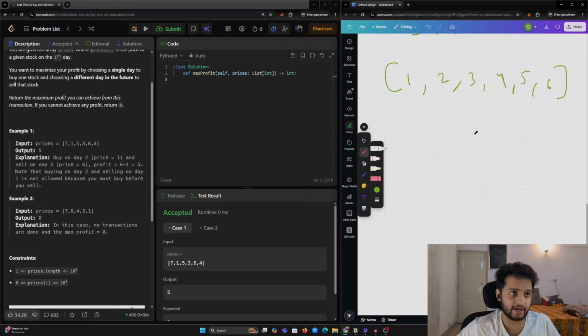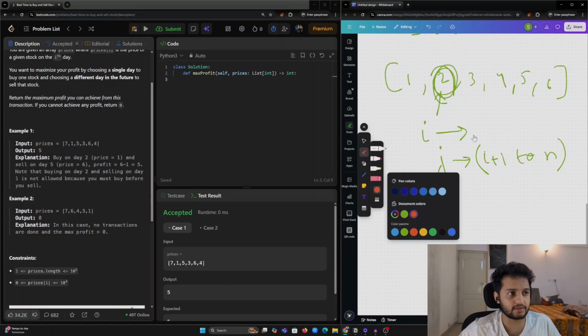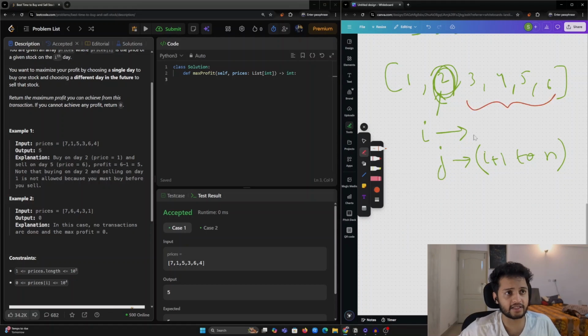So let's say you are standing at index i, you can first iterate over i, and then you can also write a j loop inside this, which will calculate the maximum from i plus 1 to n, right? So this will calculate what is the maximum in this suffix of the array, which is between i plus 1 to n.